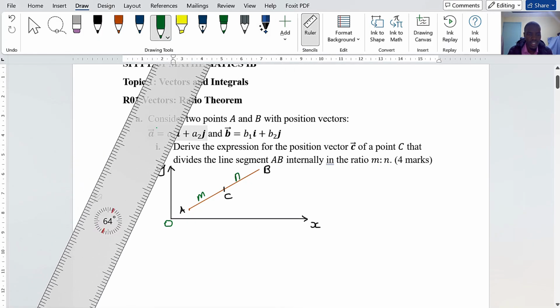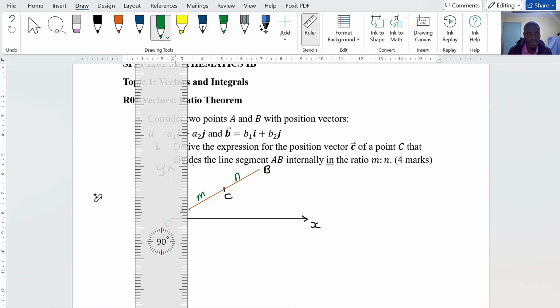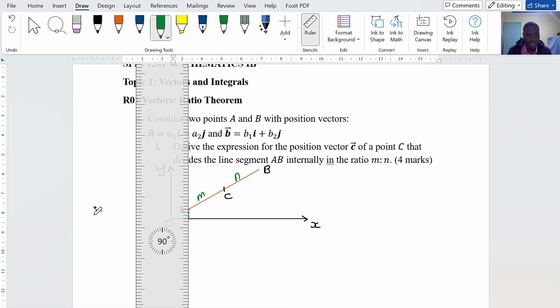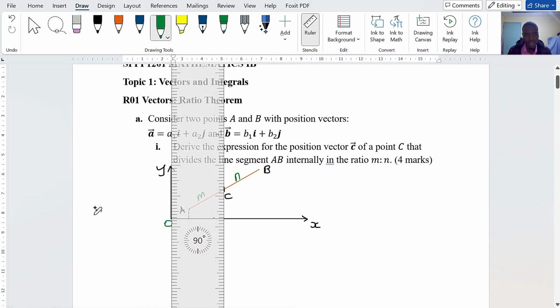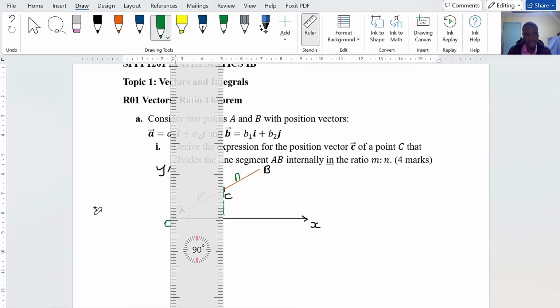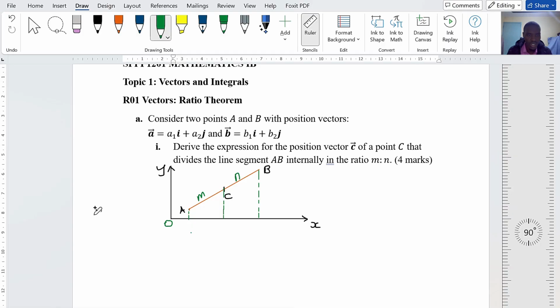Now, in order to get the horizontal positions for A, C, and B, I will have to drop perpendicular imaginary lines from the points to the x-axis, just to project the points on the x-axis so that we can find their position without any problem. So I'll project that. On the projection, we'll have point P, point Q here, and then I have point R.